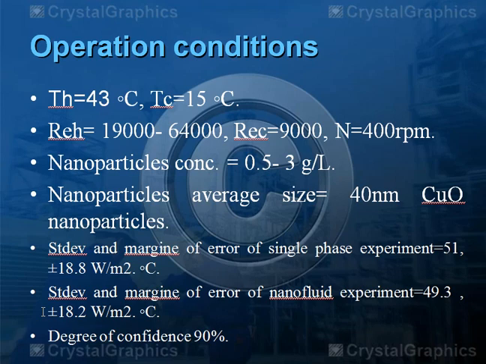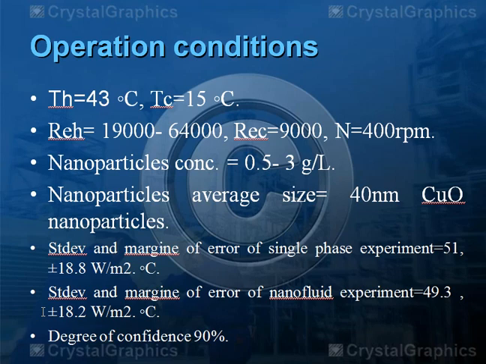The standard deviation for the case without nanoparticles is about 551, and the margin of error, plus or minus 18.8 watt per square meter degree centigrade, is about 2% or less.